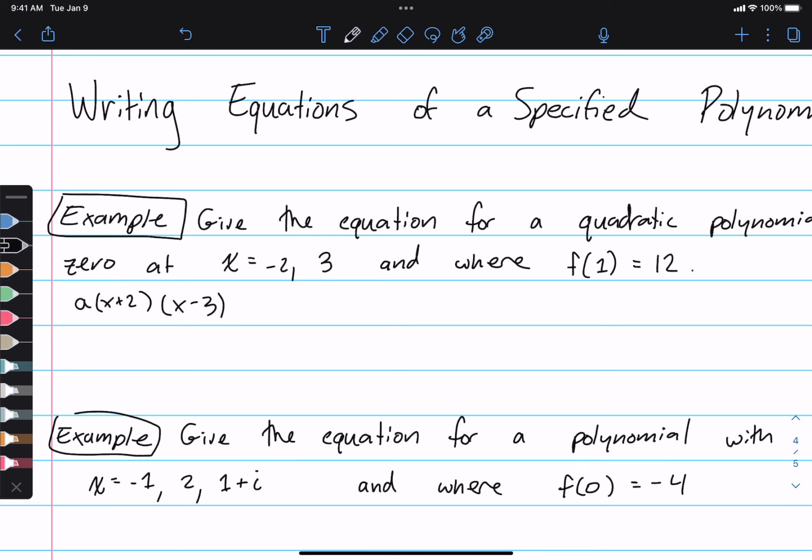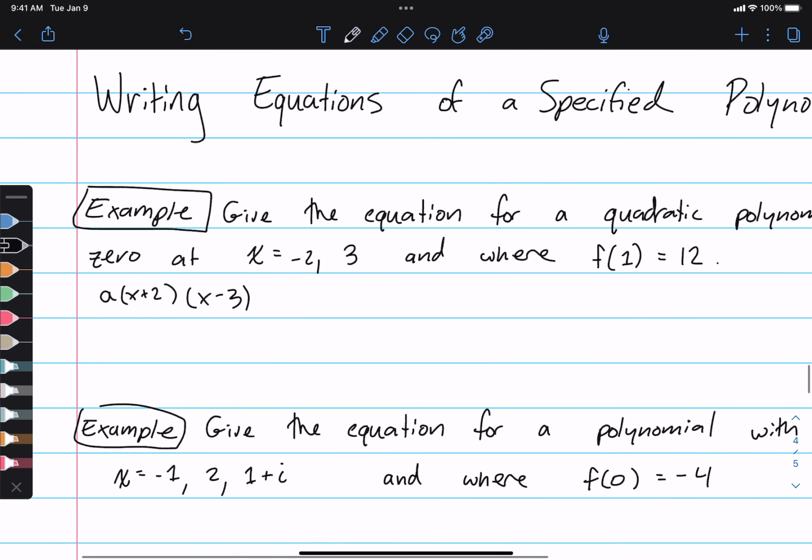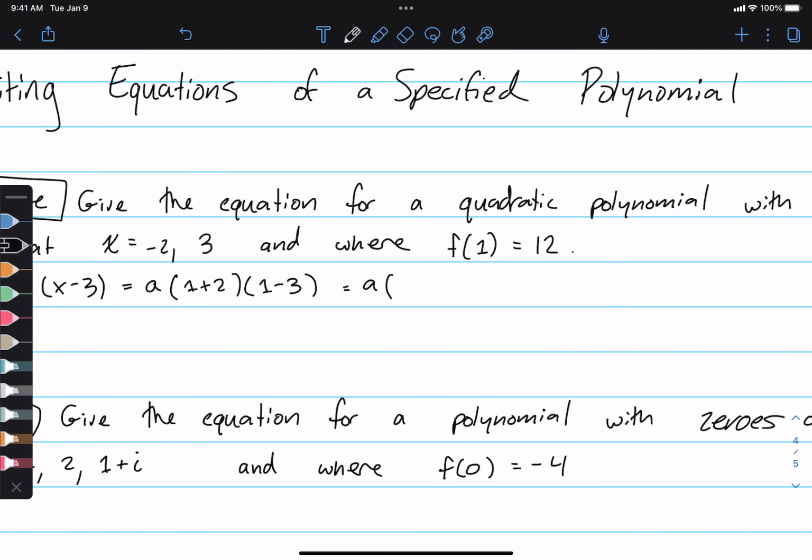Now we want to try to find a. So we want to find the leading coefficient, and we're going to use the fact that f of 1 equals 12. So let's just plug in f of 1 here. So a times 1 plus 2 times 1 minus 3 is going to equal a, and then 1 plus 2 is 3, and then 1 minus 3 is -2, so their product is -6.